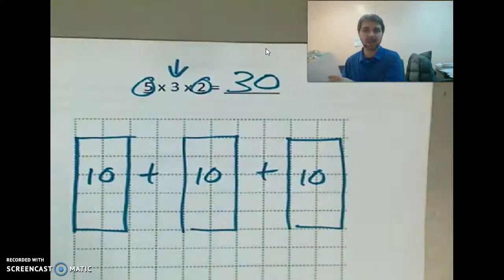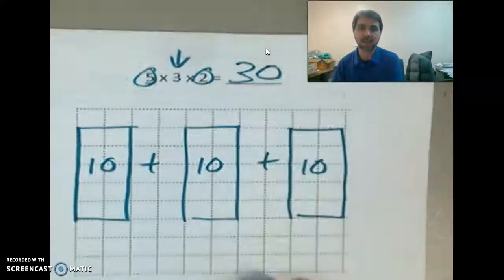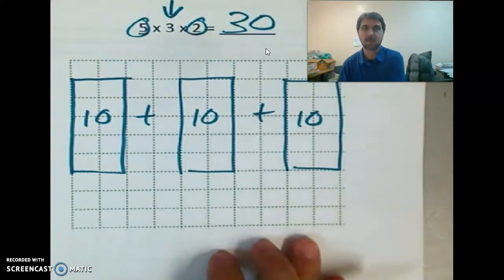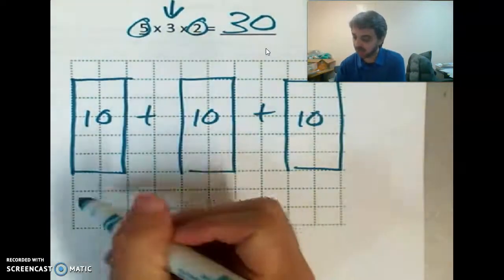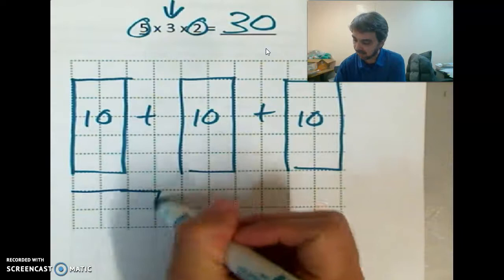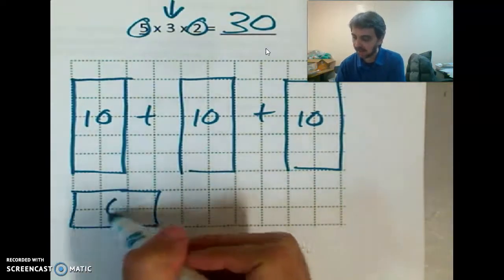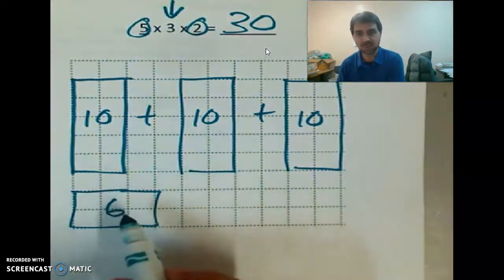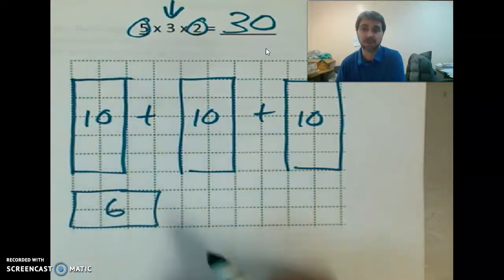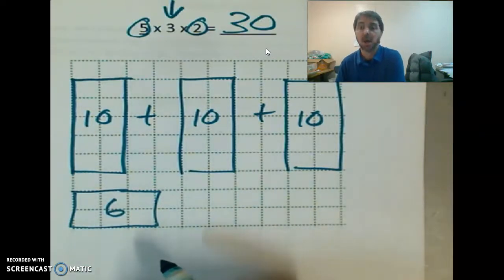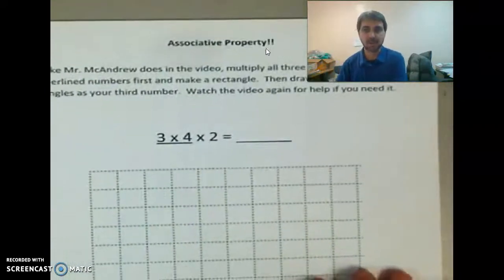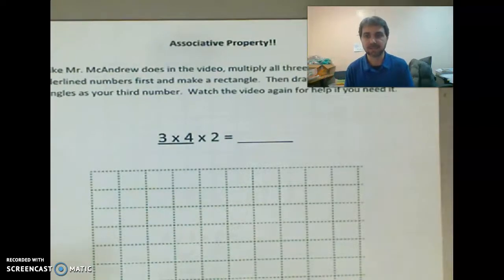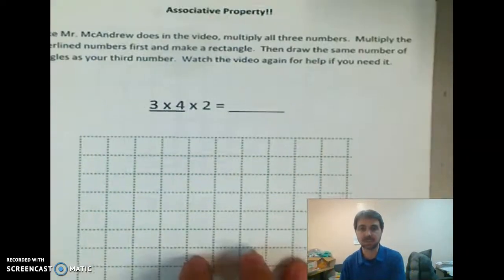So it doesn't matter how I multiply them. It just doesn't. Okay? If I had done 2 rows of 3 and gotten 6, I'd have to do that 5 more times. I'd end up with 30 again. Okay? All right. So what I want you to do, in your math packet, you have a problem that looks basically exactly the same as the one that I just did.